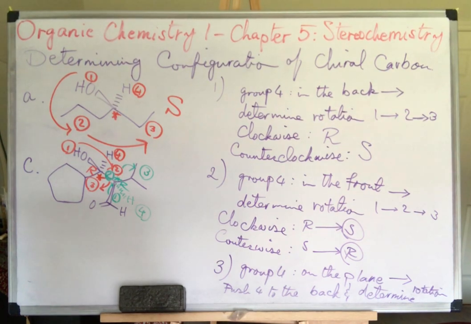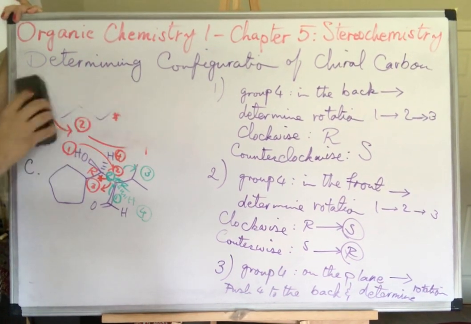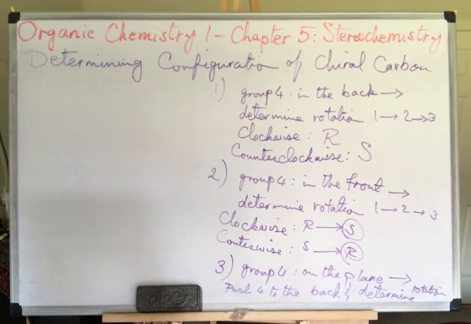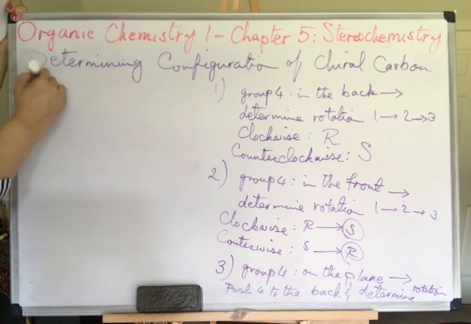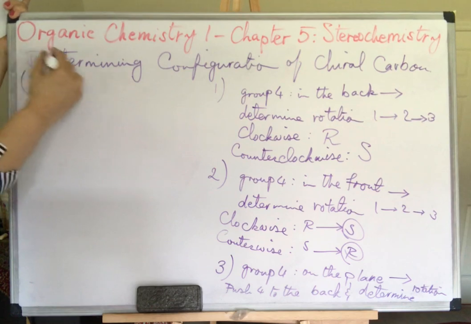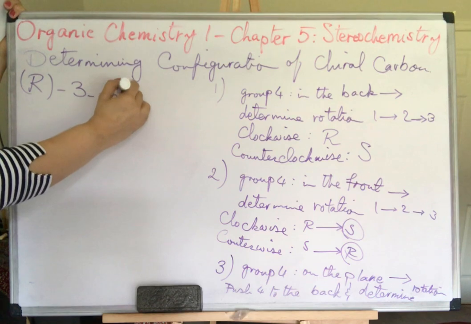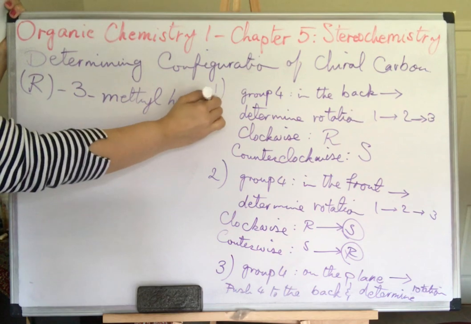Another type of question and skill that you need to have in this part is how to draw a specific configuration. It's time to be fluent in how to draw a certain configuration like R or S. For example, working on drawing R, I'm working on page 5. 3-methylhexane.